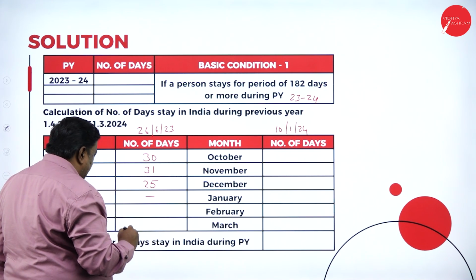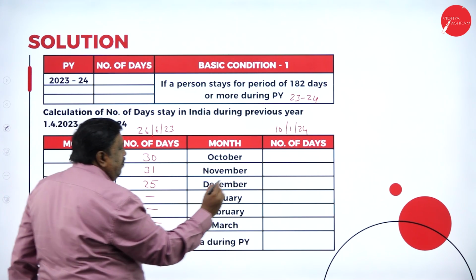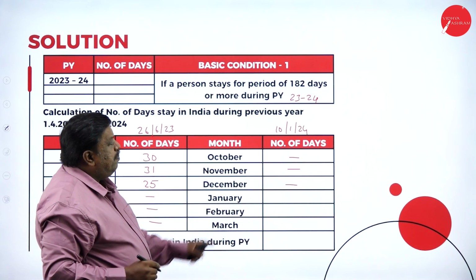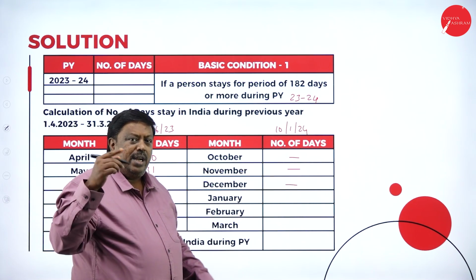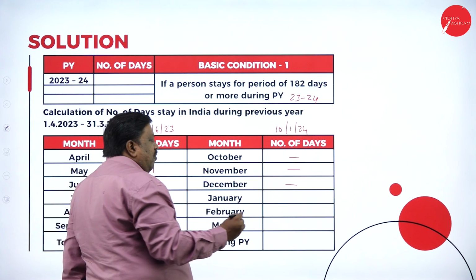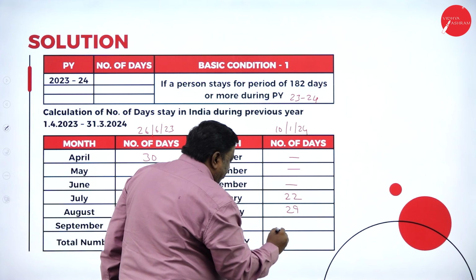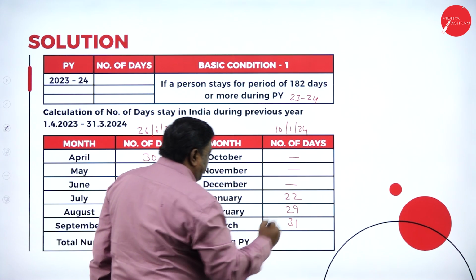July I was not in India. August, September, October, November, December. I returned back on 10th January including 10th. So I was in India for 22 days, and 29 days, leap year, and next we have 31.